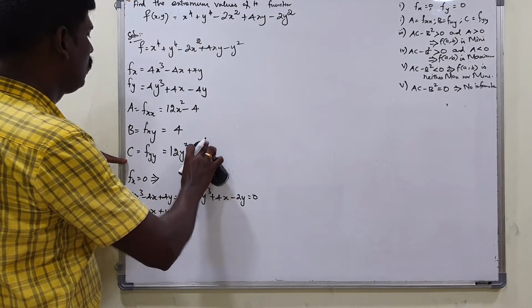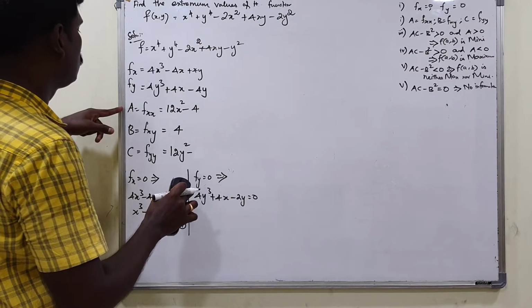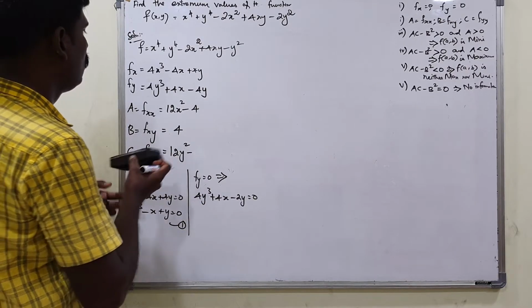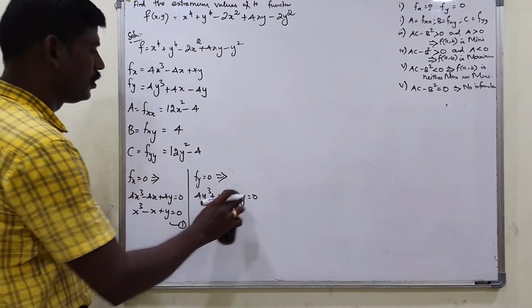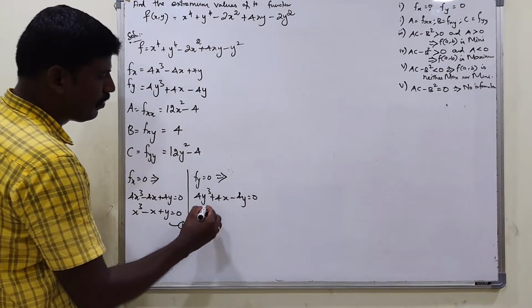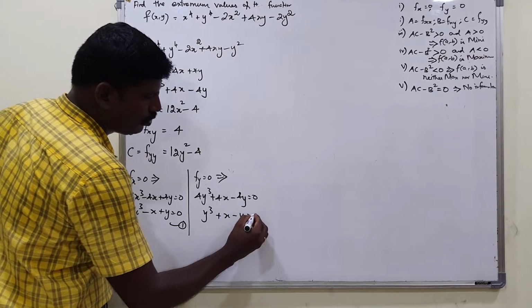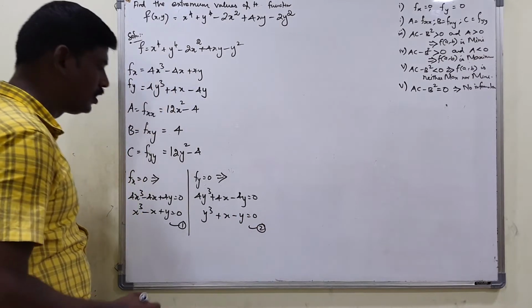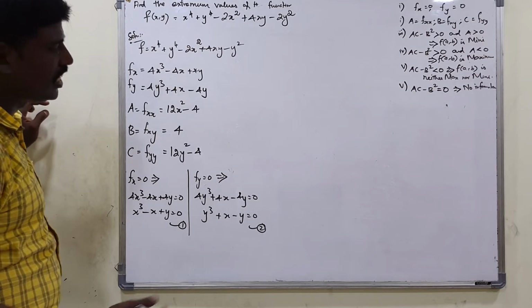Then this becomes minus 4, isn't it? So divided by 4, what you get? y cube plus x minus y equal to 0, equation number 2. Right? Solving both of the two, we can get the stationary points.